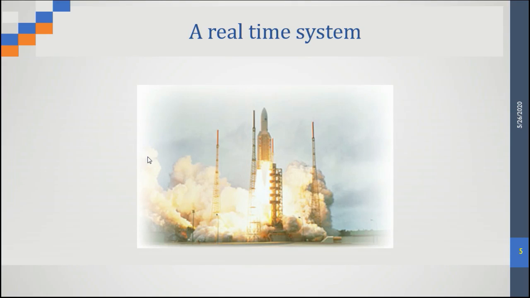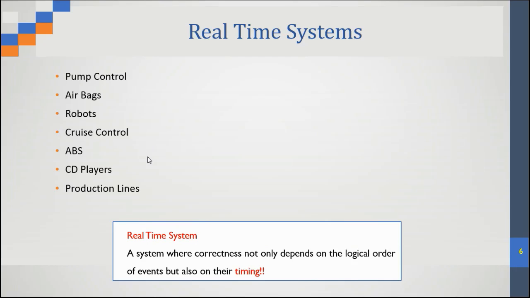Here are some examples of real-time systems, such as pump control, airbags, and robots. In these systems, faults do not depend only on the logical design of the system, but also on the timing and on the interaction with other parts of the environment.